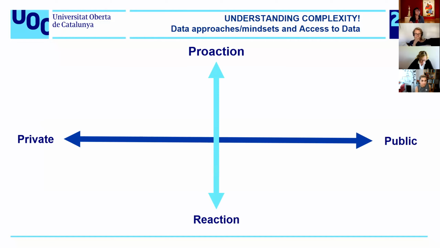By crossing two variables or two tensions in this quadrant graph, proaction and reaction, which are the data approaches, the mindsets we approach data with, proaction being an approach to data that is very positive, and embraced by those that are engaged in the area of data science, particularly those that are skilled and tech savvy, whereas reaction is more frequent in those that have a social perspective and a broader analysis of the problem of data in the society and the impact of data in the society.